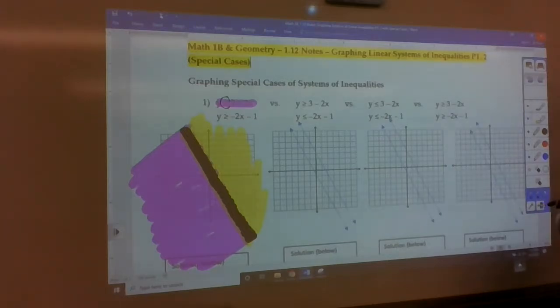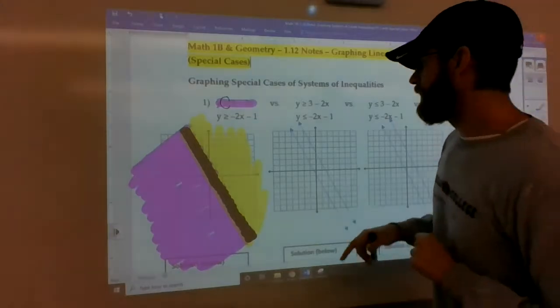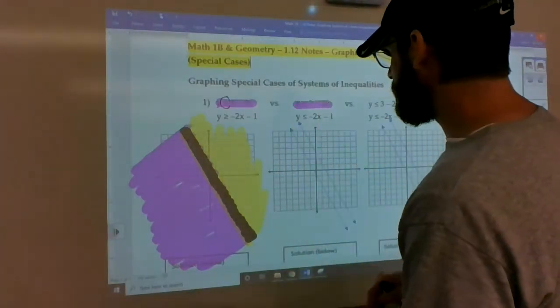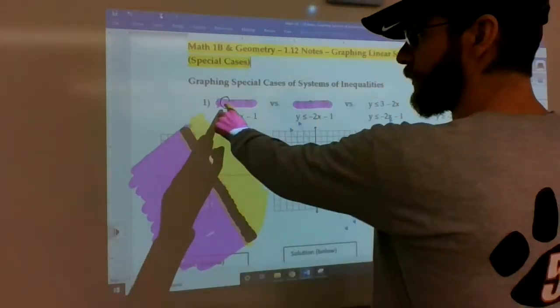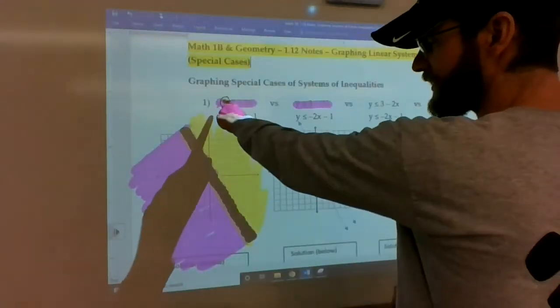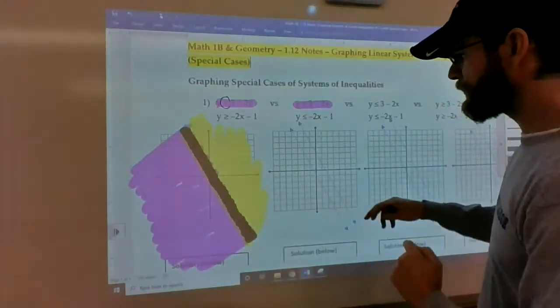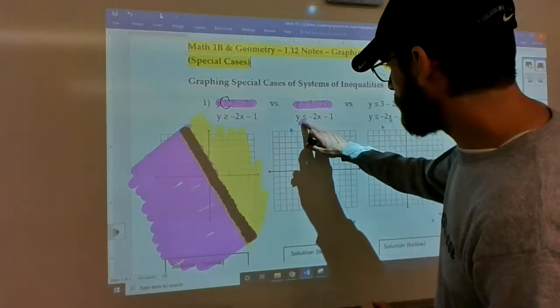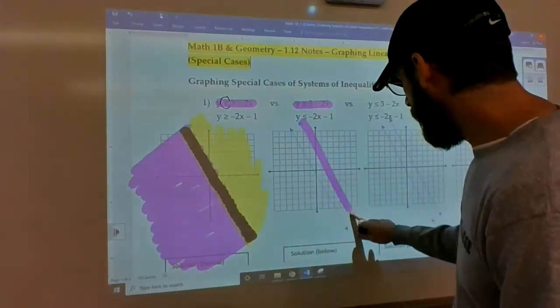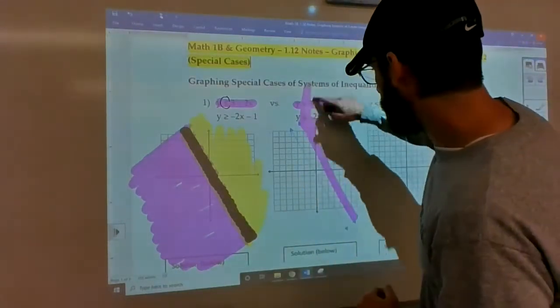All right, let's do this again. So that line is opposite of what it was before. It was less than or equal to, now it's greater than or equal to, which means we shade everything above this line.